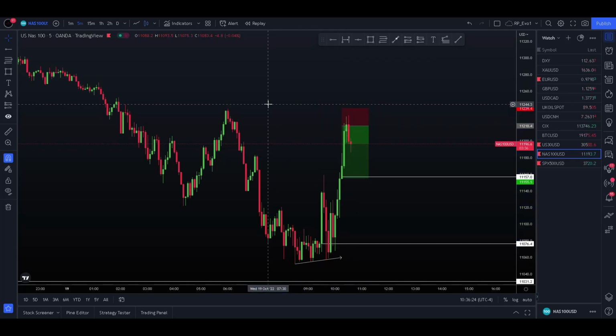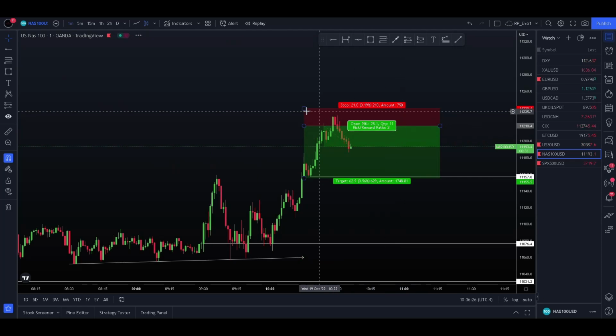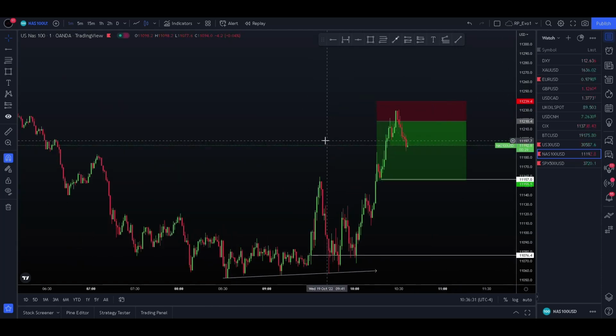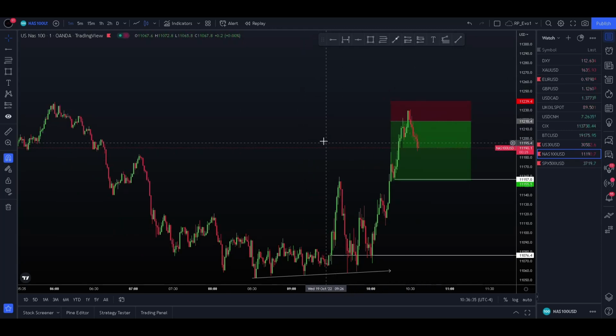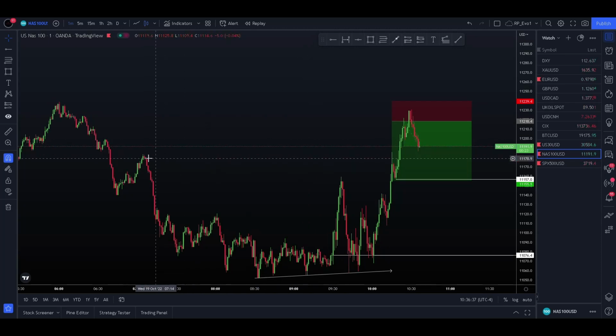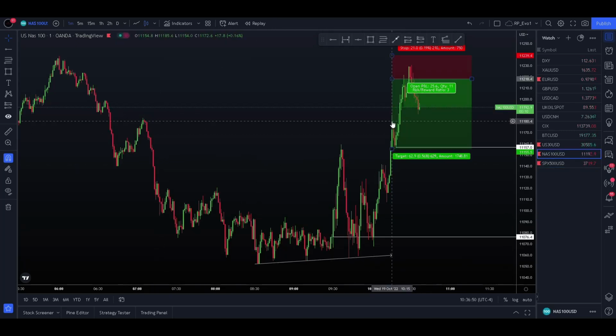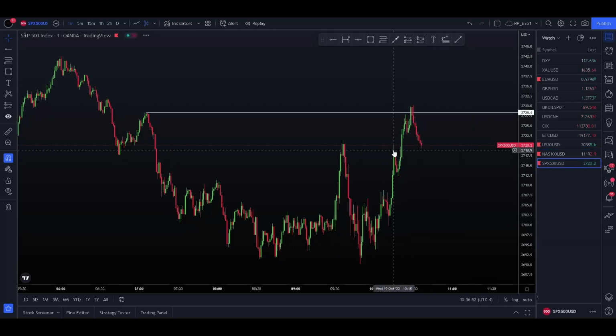But this is what observing price on the 1-minute chart over the years gives me, the confidence to enter this trade. I explained my logic. It's easier to see on the S&P. This was the only important swing high starting from the New York session. I saw how it was already traded through with this candle here at 10:15 on NASDAQ, but it failed to do so on S&P.